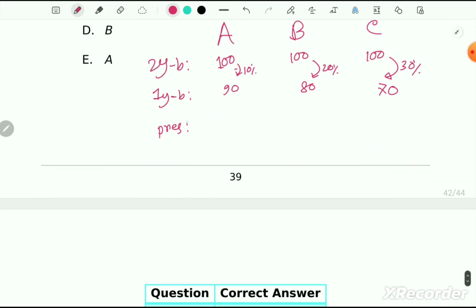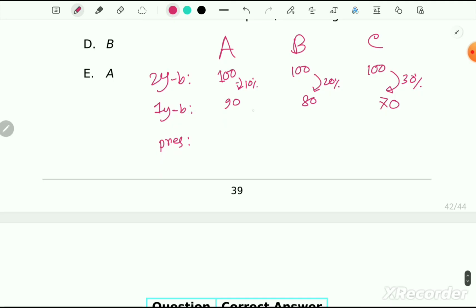The next year, A decreased by 30%, but 30% of what? 30% of not 100 but 90. So it would be minus from here.